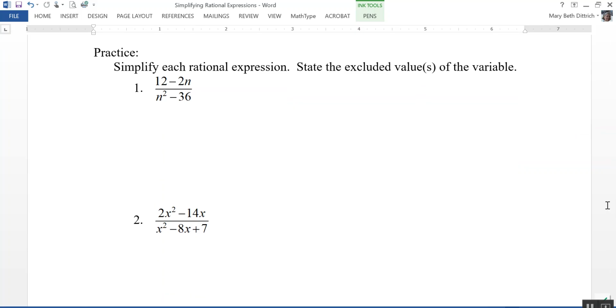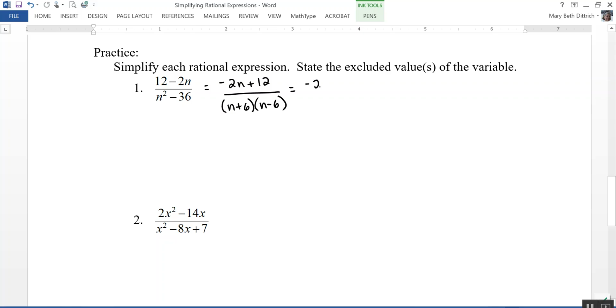Okay, let's take a look at these two examples of rational expressions that we need to simplify. I'm going to rewrite this as negative 2n plus 12 over n squared minus 36, which factors into n plus 6 times n minus 6. And I can further factor my numerator.